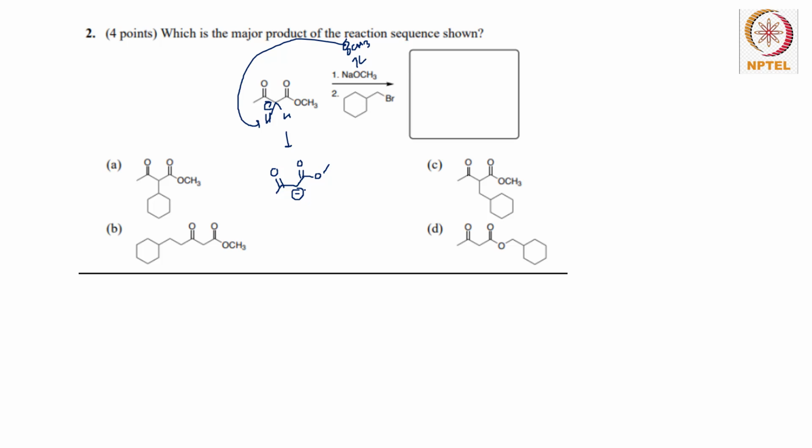Keep this anion, and this negative charge will attack here and remove the bromine from the system. So what will be our product? Option C. Not B, not A, because there is one carbon less.